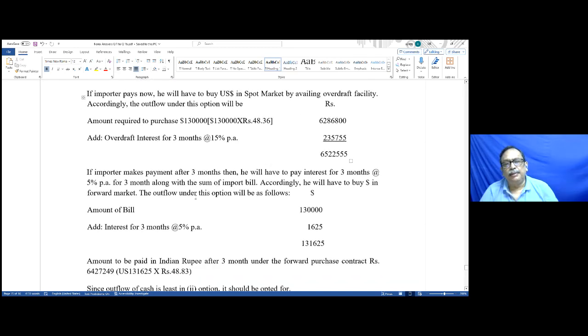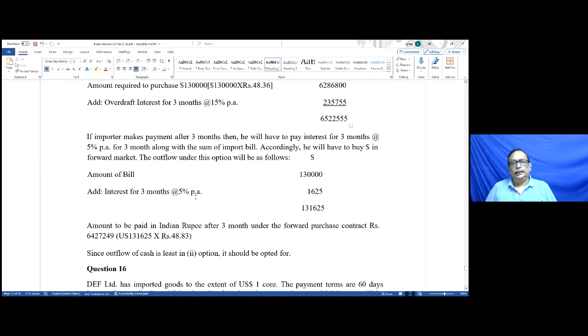If the importer makes payment after 3 months, then he will have to pay interest for 3 months at the rate of 5% per annum. For 3 months, it is better to write 3 months along with the sum of the import bill.